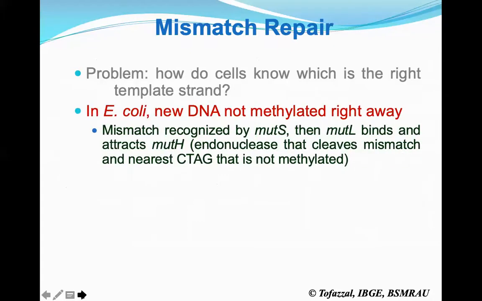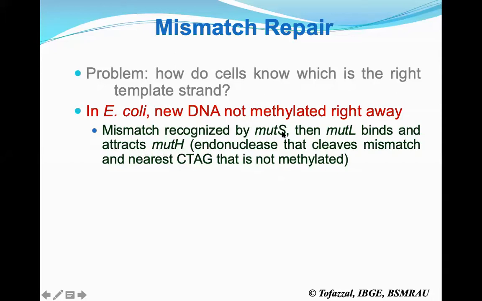In E. coli, meaning Escherichia coli, a model bacterium hugely studied at the molecular level, new DNA is not methylated right away. The mismatch is recognized by MutS, then MutL binds and attracts MutH.